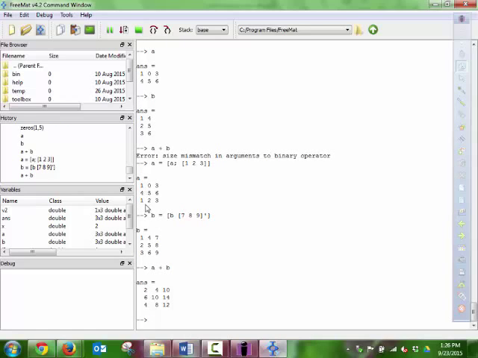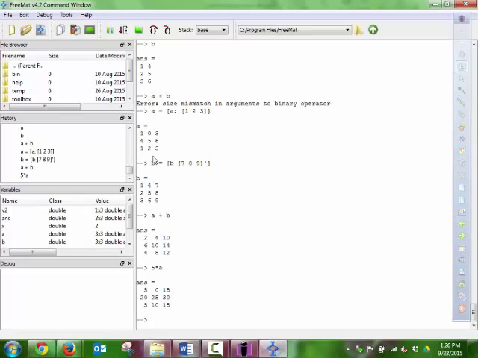So if you add them, 1 plus 1 is 2, 0 plus 4 is 4, 3 plus 7 is 10, etc. So that's the addition part. Scalar multiplication, we could take a matrix and multiply it by a scalar.